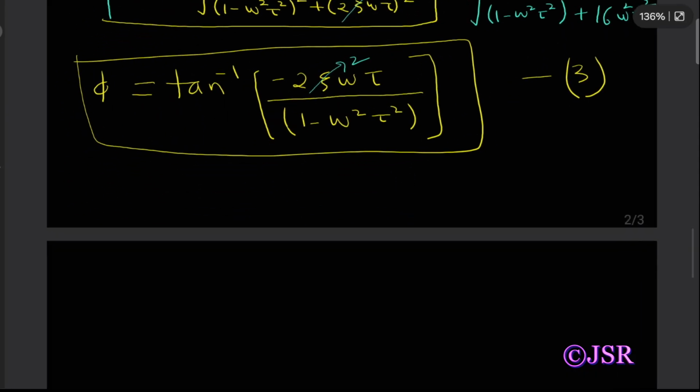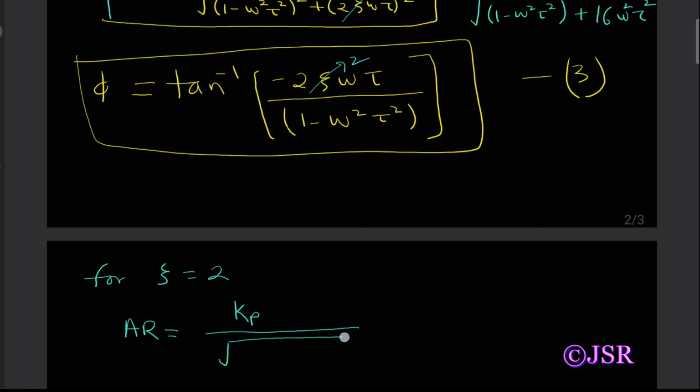So for zeta equal to 2, we will have amplitude ratio equal to Kp upon under root 1 plus 15 omega square tau square.